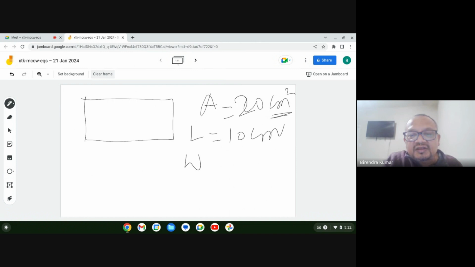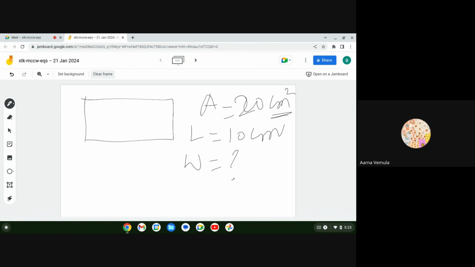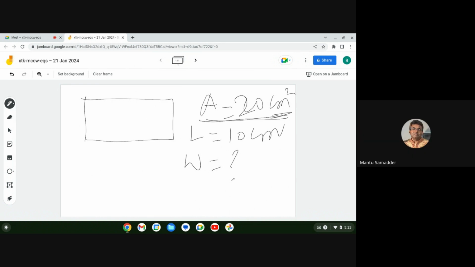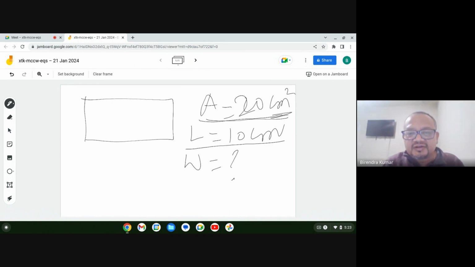What is the width? How will you find out the width?